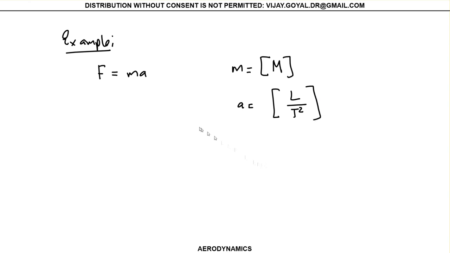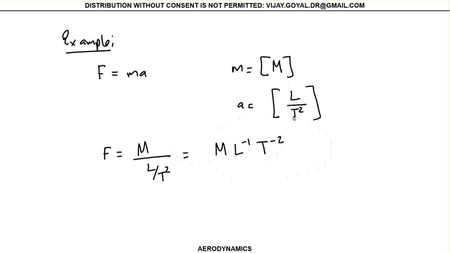Then what we can say is that my force is nothing else than mass times length over t squared, or mass L to the minus 1, t to the minus 2.